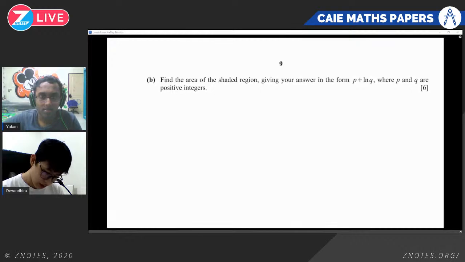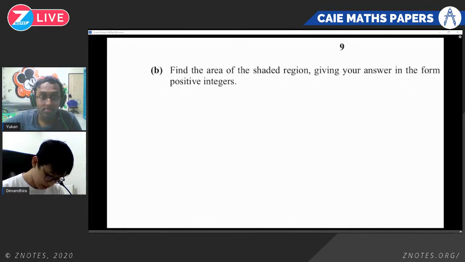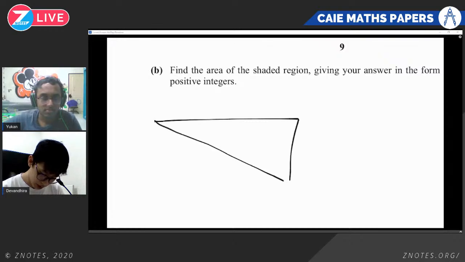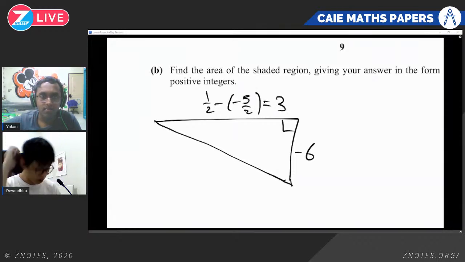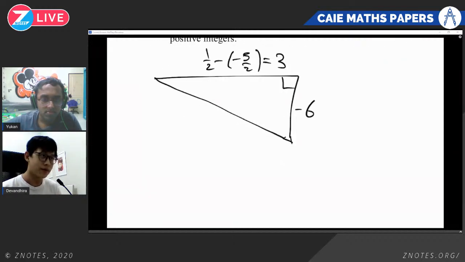So let me draw the triangle again. Sorry, I'm not good at drawing. Our height is just -6, and our base is half minus -5/2, which is just 3.